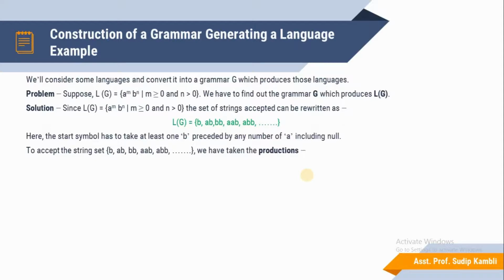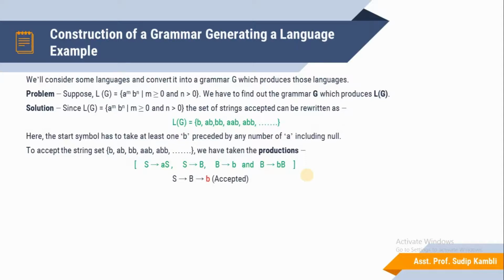So we have taken the productions: S derives aS, where a is a terminal symbol with S a non-terminal symbol; otherwise S derives B, so a production rule with a non-terminal symbol; and B derives small b; and the last one is B derives bB, where capital B is a non-terminal symbol attached with small b on the left side.